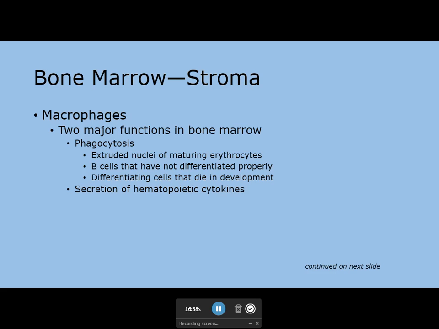But here's the thing: myeloblasts are mitotic. Promyelocytes are mitotic. And then myelocytes are mitotic. And then here, they stop.